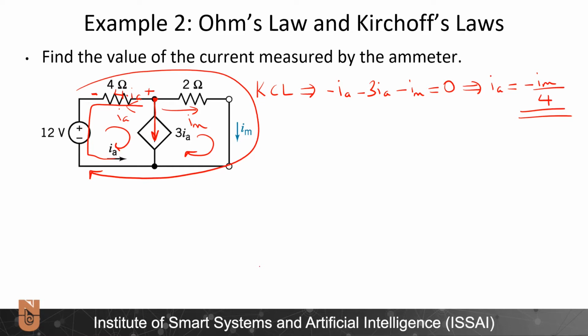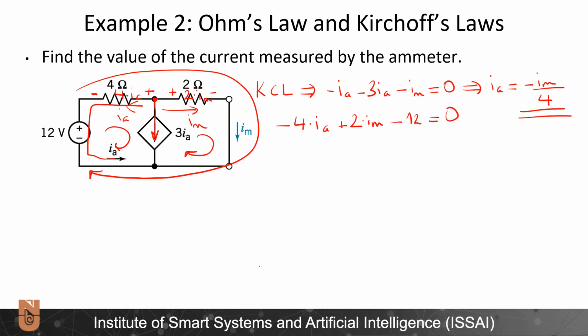Over this 2 ohms I have plus minus 2IM. I put the plus and minus signs based on the directions of the currents. Let's write Kirchhoff's voltage law. Minus 4IA plus 2IM minus 12 is equal to 0.